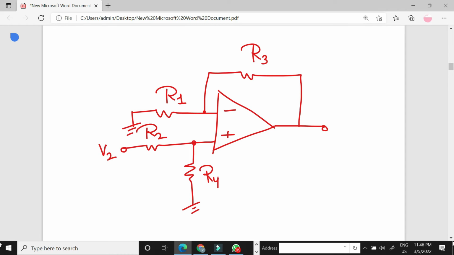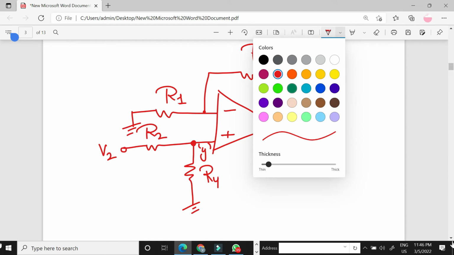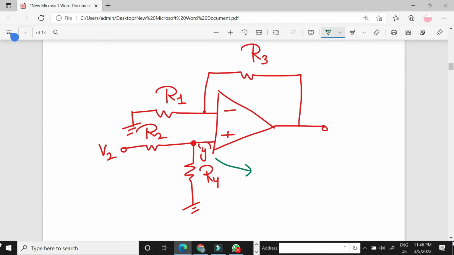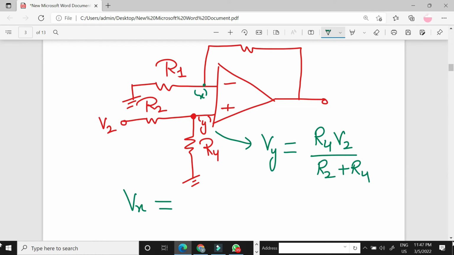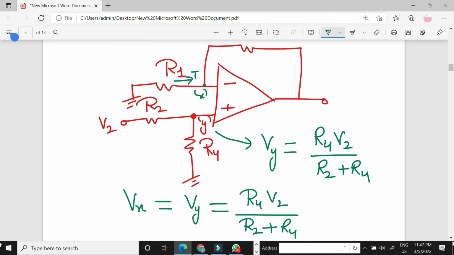Now, what is the value of this node Y? Can anyone explain? The potential at Vy must be equal to R4 V2 upon R2 plus R4. And at this node X, using virtual ground, Vx must be equal to Vy, and it is R4 V2 upon R2 plus R4. Now this is branch 1, current I3.